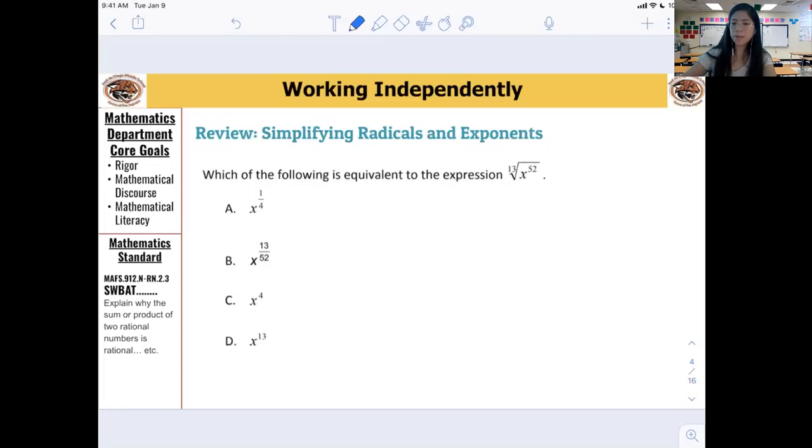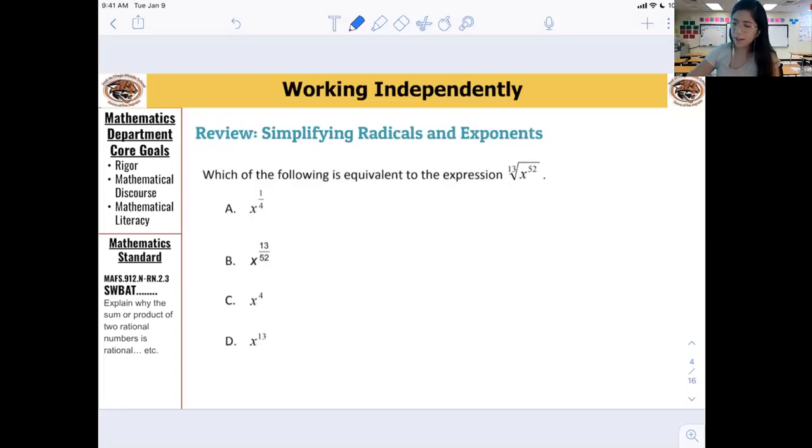All right, couple seconds remaining. Ten seconds. 5, 4, 3, 2, and 1.